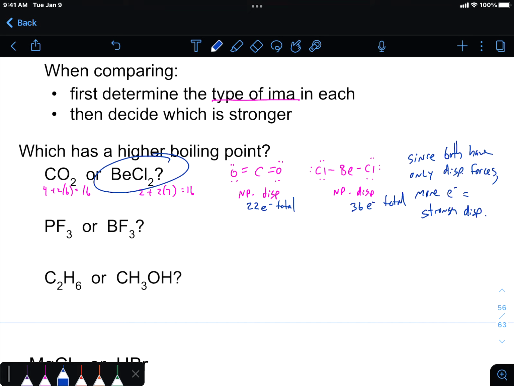The stronger dispersion forces means higher boiling point. Okay. Next one.